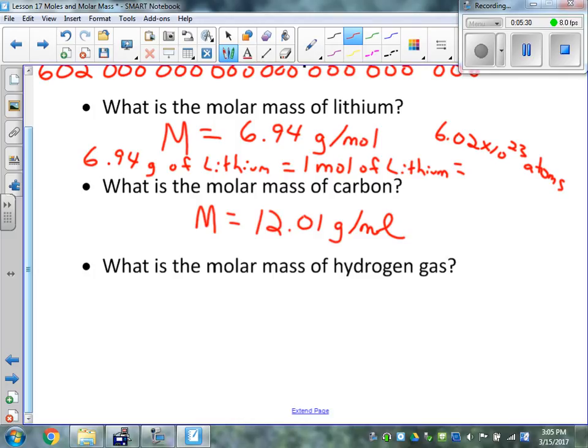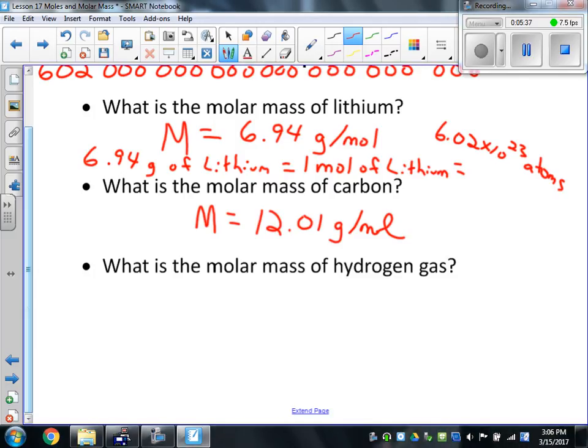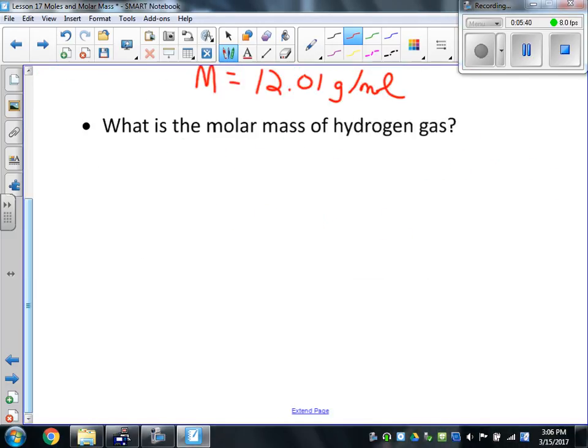What's the molar mass of hydrogen gas? Trick question here. Be careful. What is the molar mass of hydrogen gas? So what's the molar mass? 2.02, grams per mole.